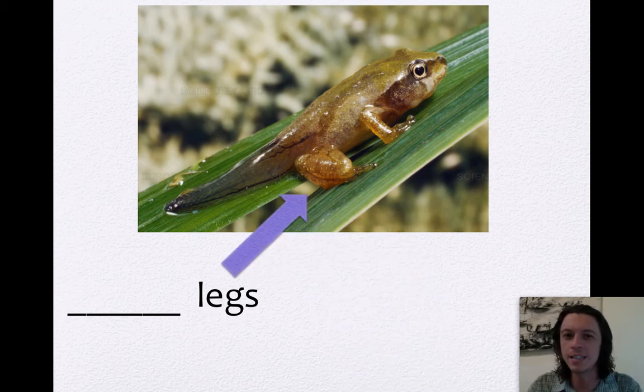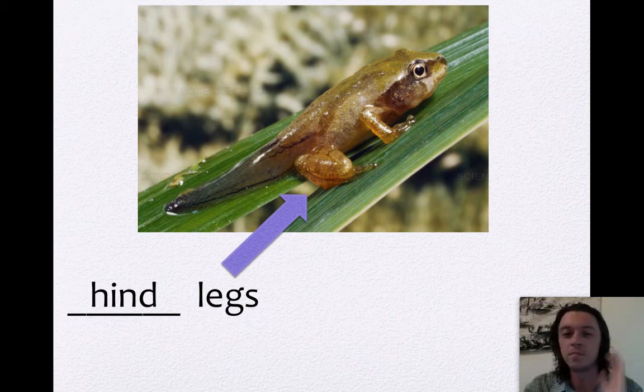These legs are H-I-N-D, hind legs. But let's look. What do you see?